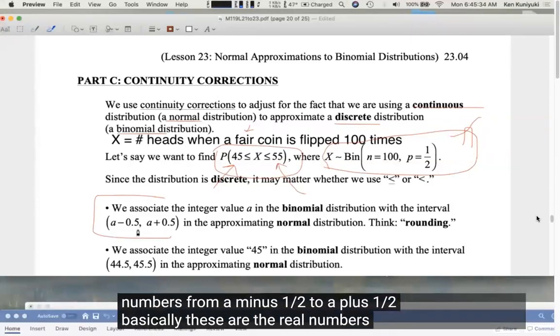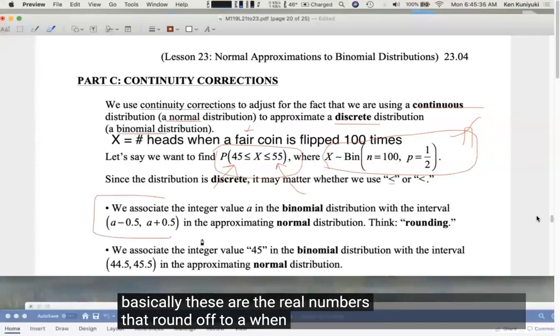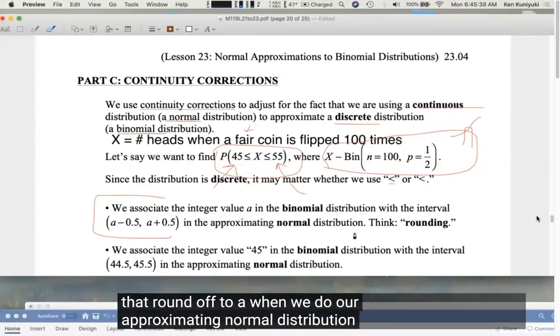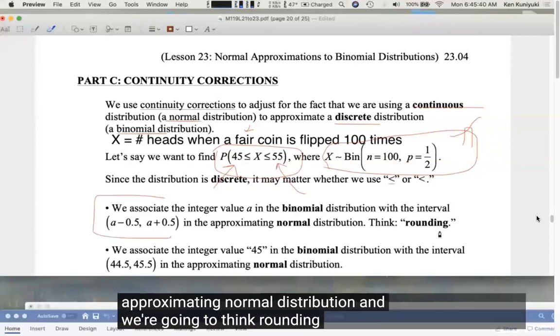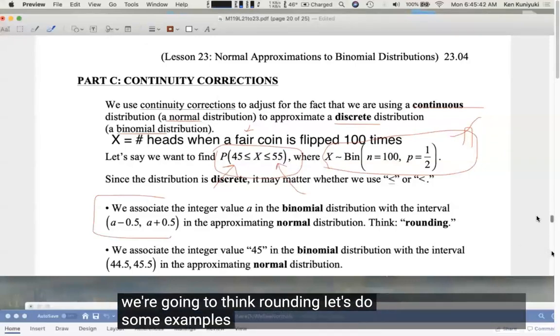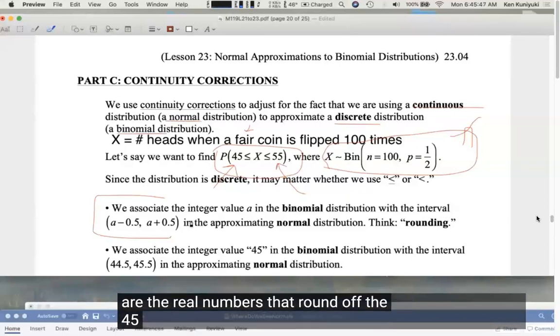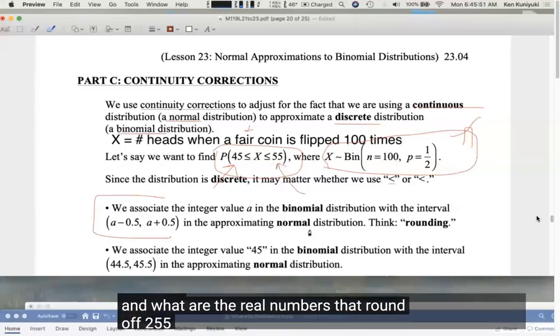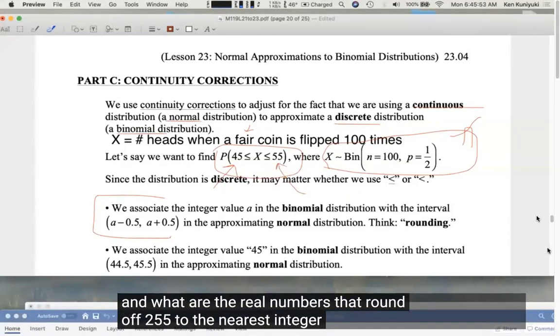Basically, these are the real numbers that round off to a, and we're going to think rounding. Let's do some examples of that. In particular, what are the real numbers that round off to 45 to the nearest integer, and what are the real numbers that round off to 55 to the nearest integer?